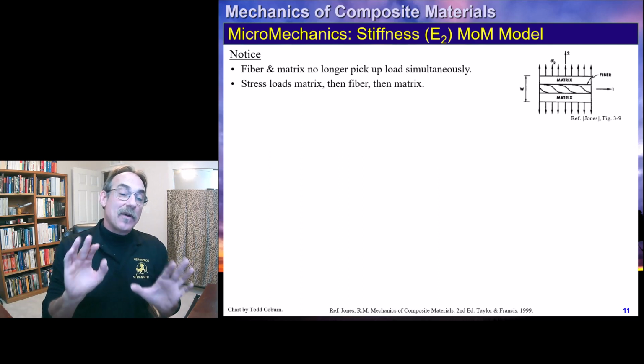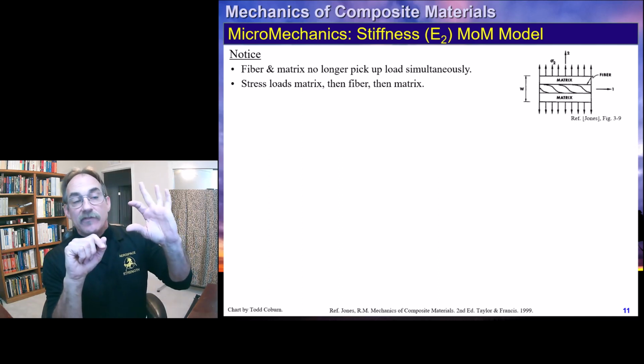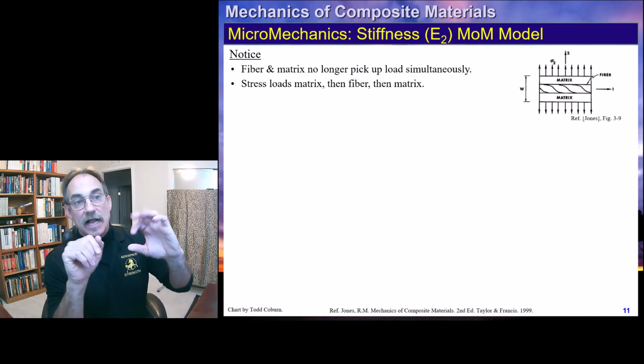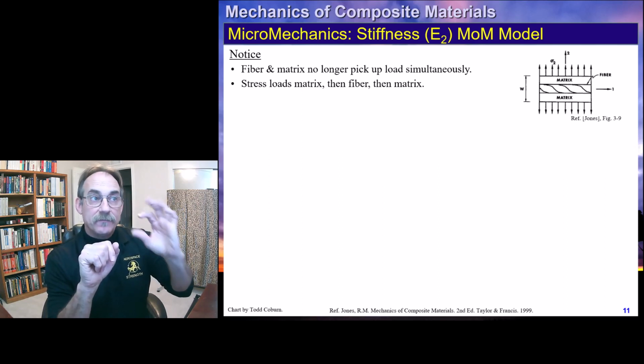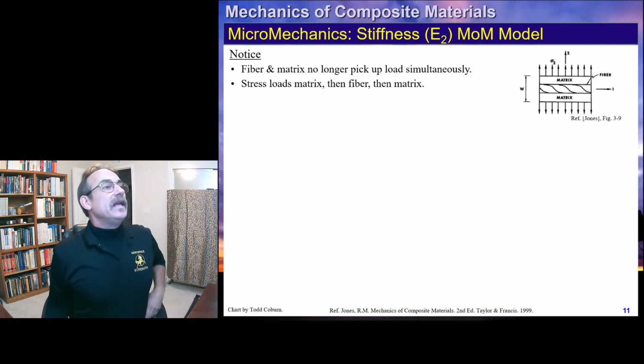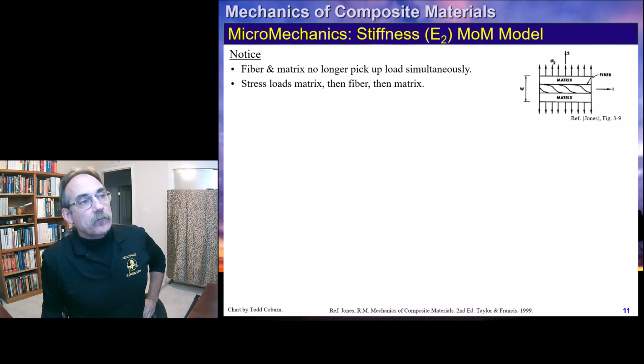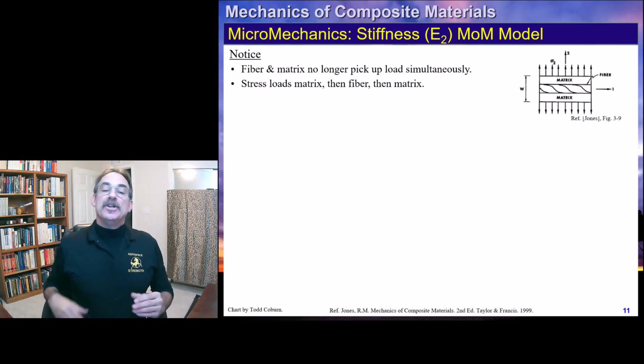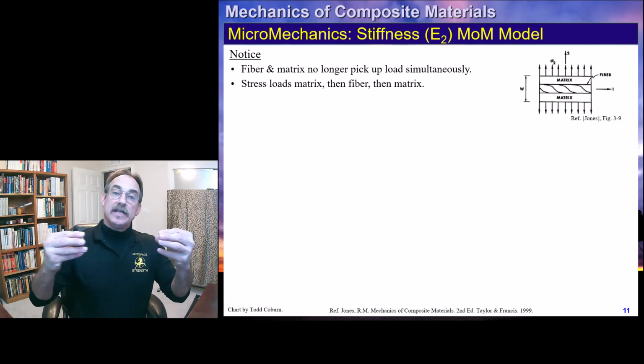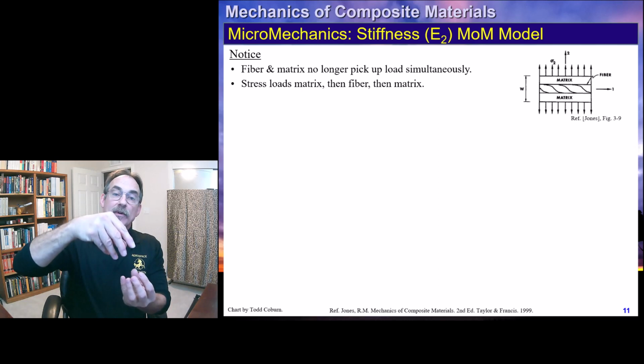Regardless, that's our approach. We've got our 2 dimensions, the length dimension, which we're not going to need now, and the width direction, and we're going to now evaluate using that approach. Now our fiber and our matrix are no longer picking up load together because we're pulling the other direction.